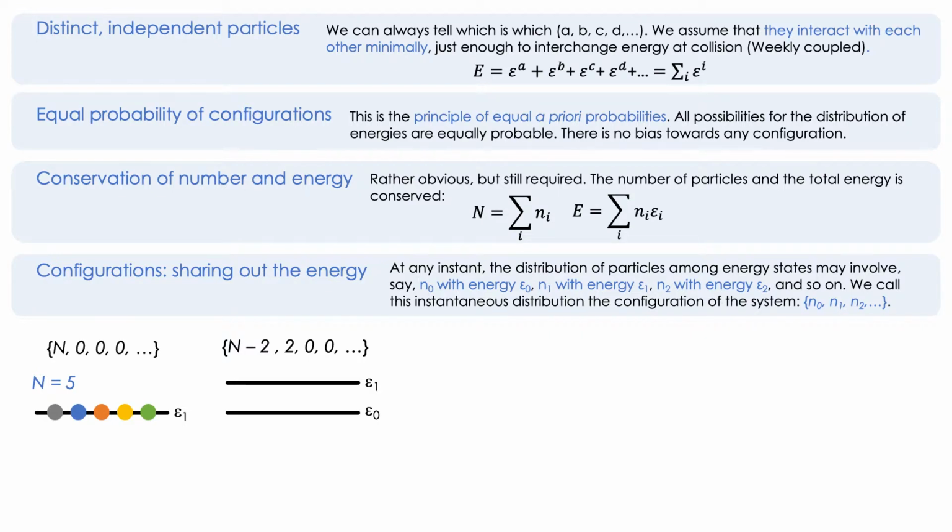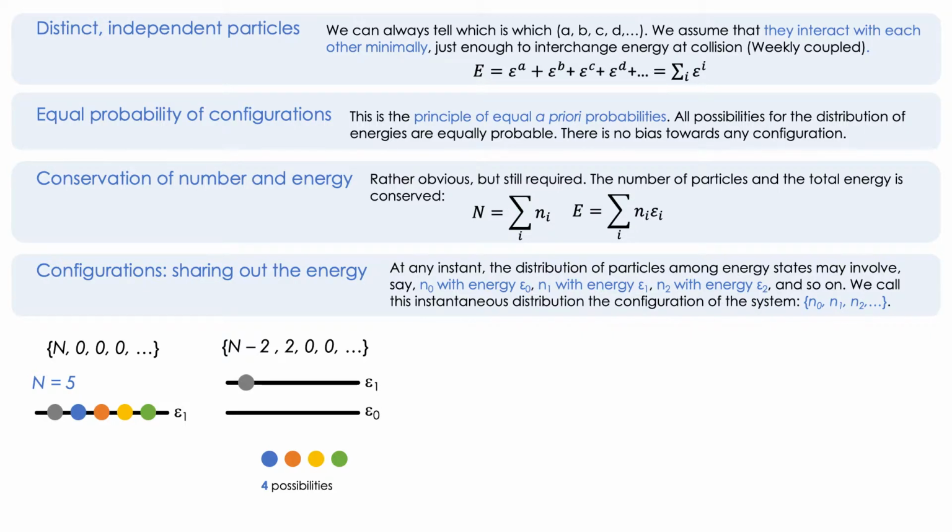Now, if we have 5 particles, again, we have 5 possibilities to choose what to put in the first. Let's say, imagine we look at the E1. We have 5 possibilities. The gray, blue, orange, yellow, or green particle could go to the energy level E1. If we choose, for instance, the gray, we now have 4 possibilities to choose which one goes again to E1 to constitute the 2 in our configuration.